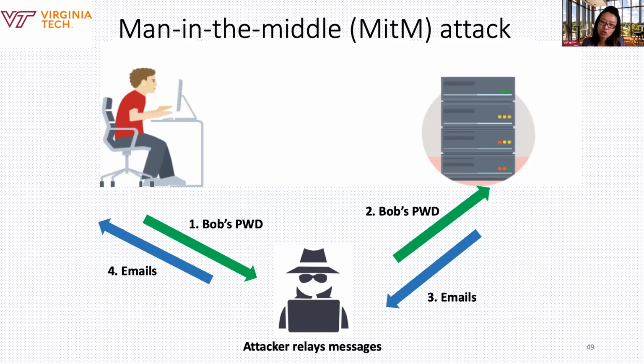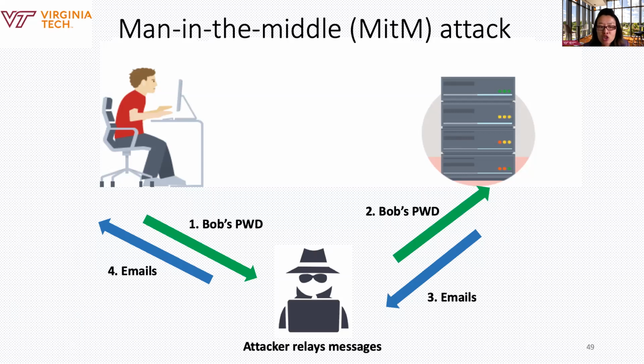So the attacker needs to get Bob some emails, and so the attacker visits the actual email server using Bob's password, retrieves Bob's email, and relays it back to Bob. That's it. Man in the middle at work, right? And what went wrong in this attack? Which step? Which number?